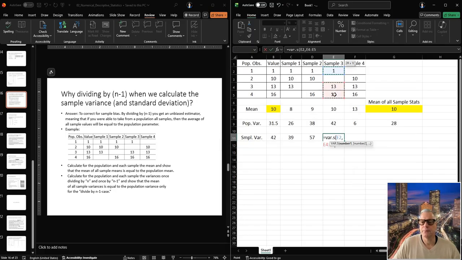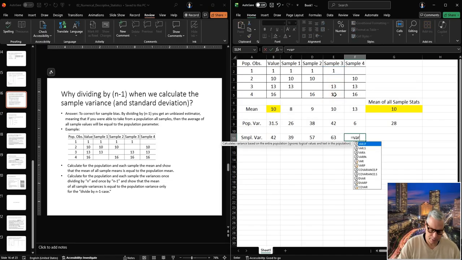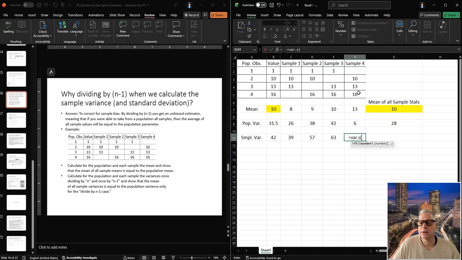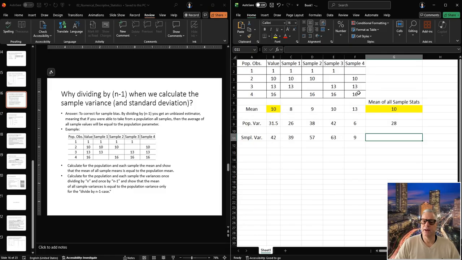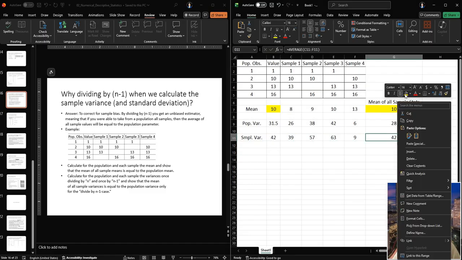Sample 3, 63. And sample 4, 9. So now you see we always use the formula VAR.S. Does this give us an unbiased estimator? Let's double check by taking the mean of all 4 sample statistics. And you see that gives us also 42.